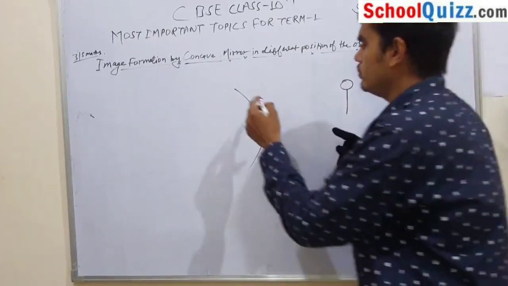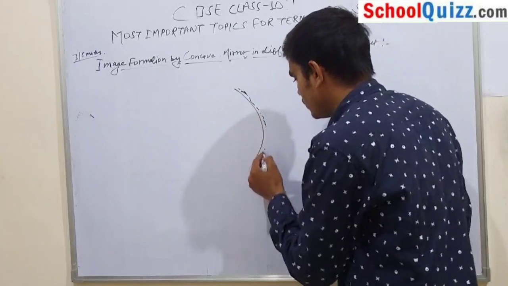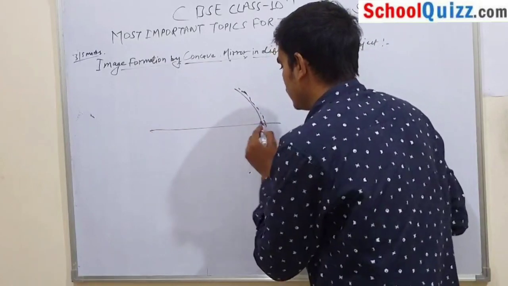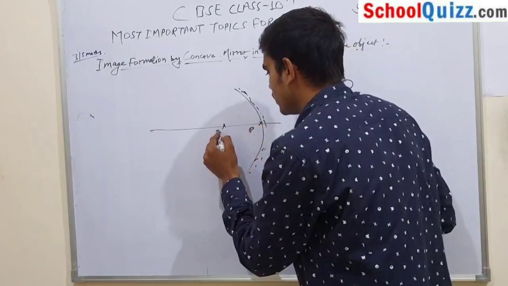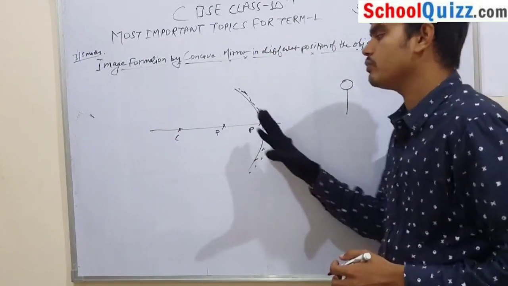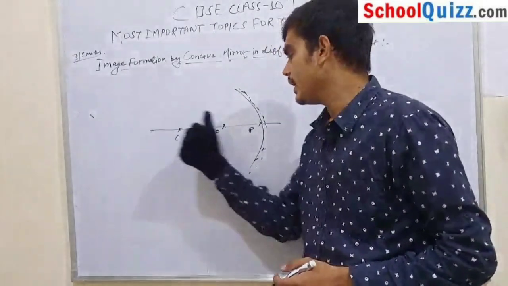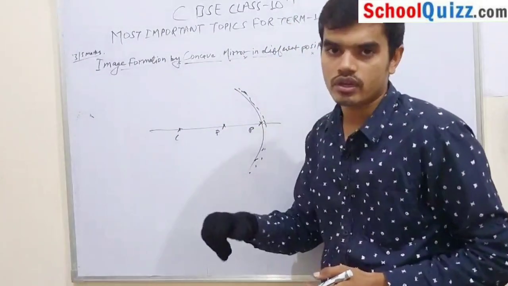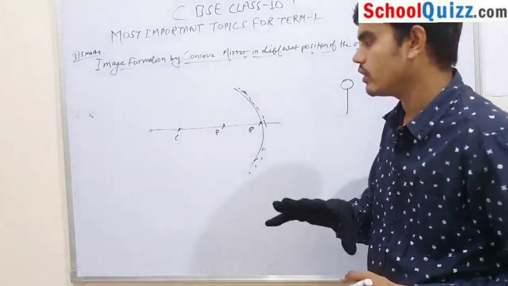This is our concave mirror. This is the pole, this is the focus, and this is the center of curvature. We keep this object in different positions in front of this mirror and observe where our image is produced.